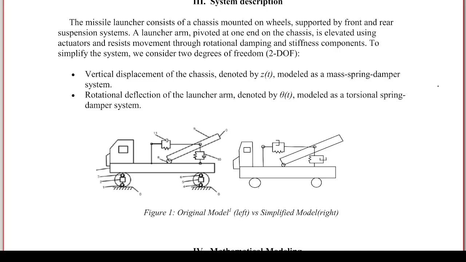The vertical is denoted by z(t), and the rotational by delta(t). On the left side is the actual model of the launcher system we chose, but we simplified it to a simpler system that we will be able to analyze at my level.